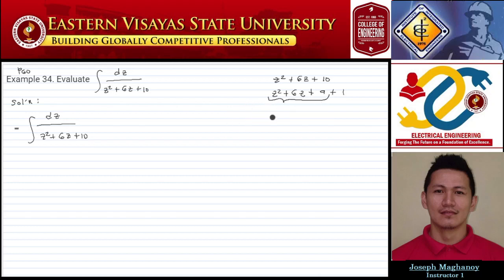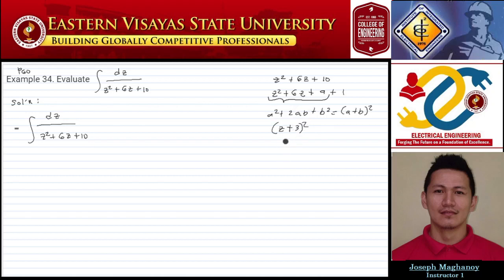Using our expansion formula, a squared plus 2ab plus b squared is equal to a plus b squared, our factor for this polynomial is z plus 3 squared.